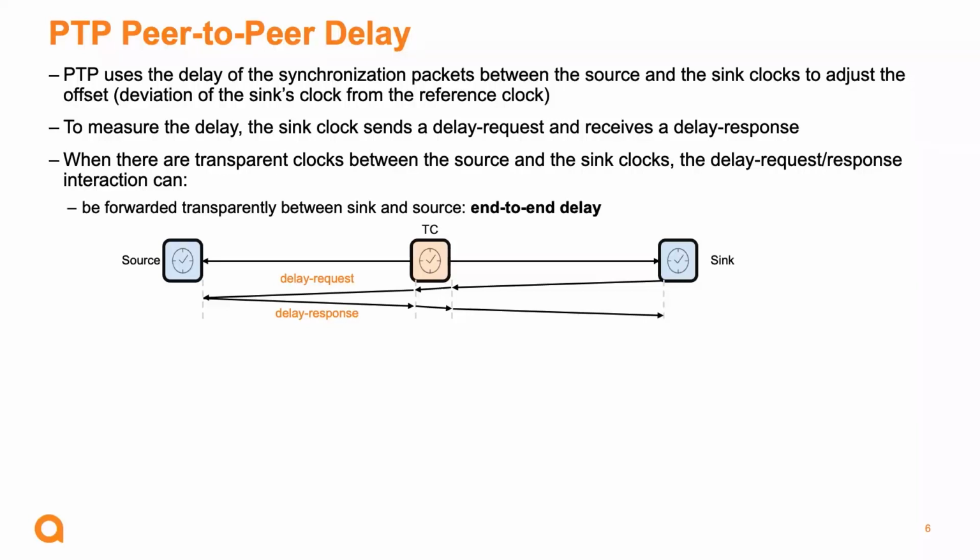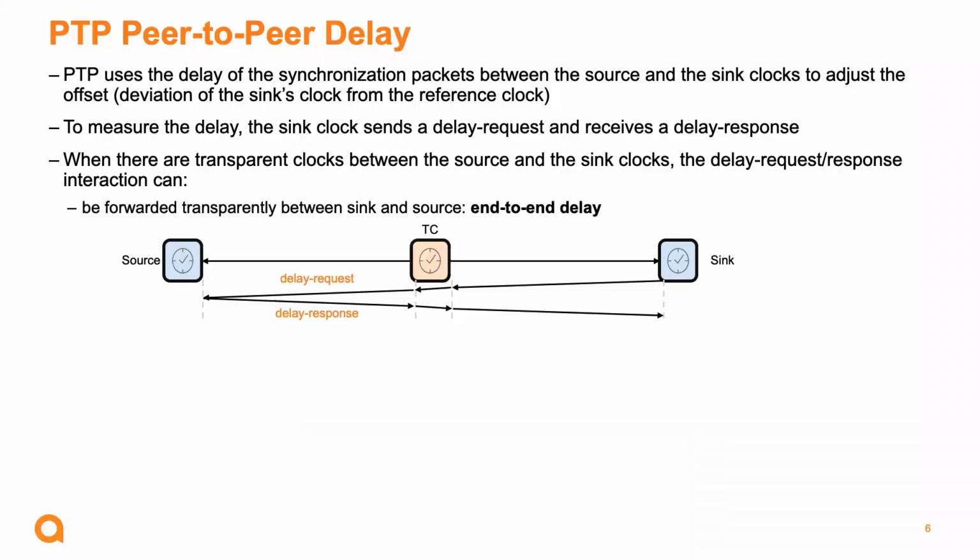To measure the delay, the sync sends a packet that is a delay request to the source or upstream, and it will receive a delay response, and it will take the times of the delay response, and use that to calculate the offset.